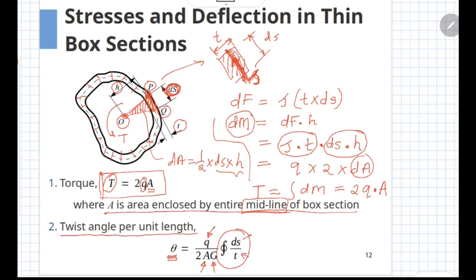So if this cross section has a variable thickness, at one point the thickness would be t1, at another point it would be t2, and so on. So along this path S, we are summing up the ratio ds by t, and how to implement it in an actual case I will illustrate with the help of an example.